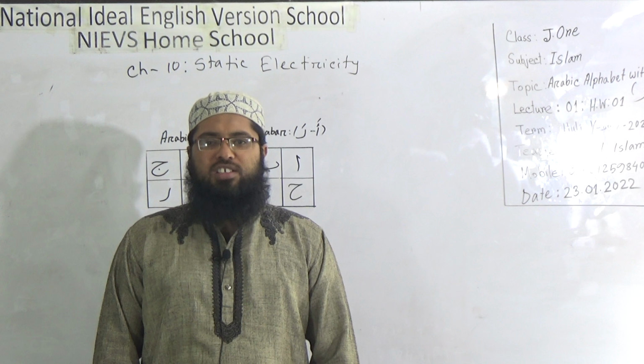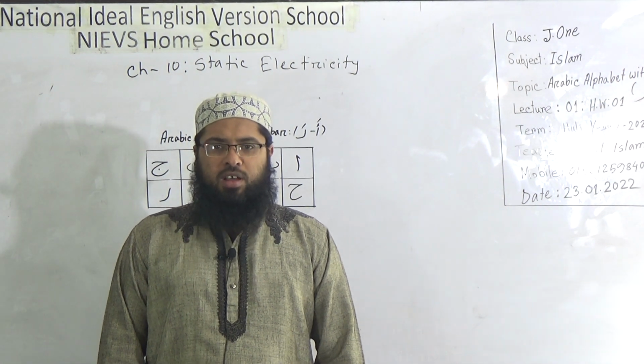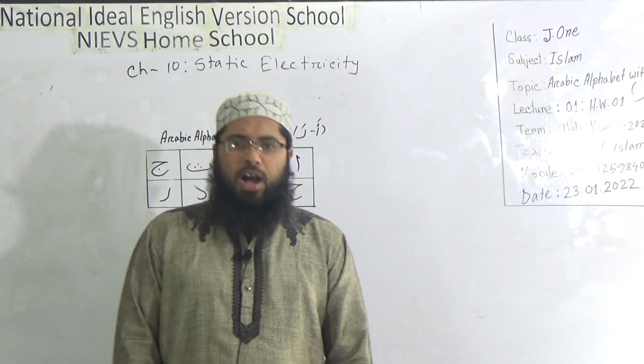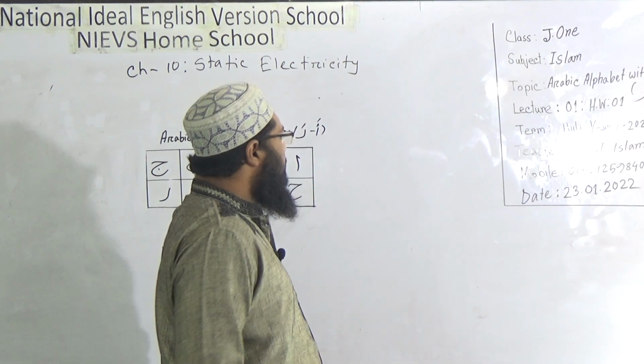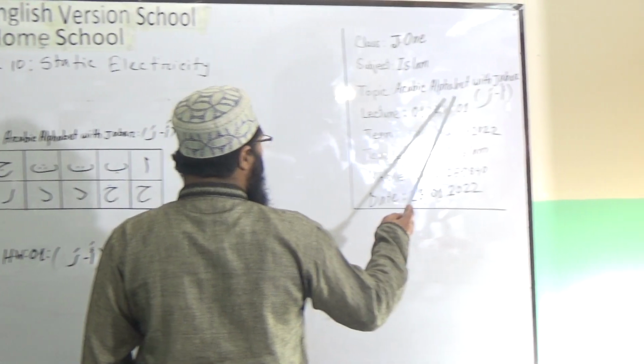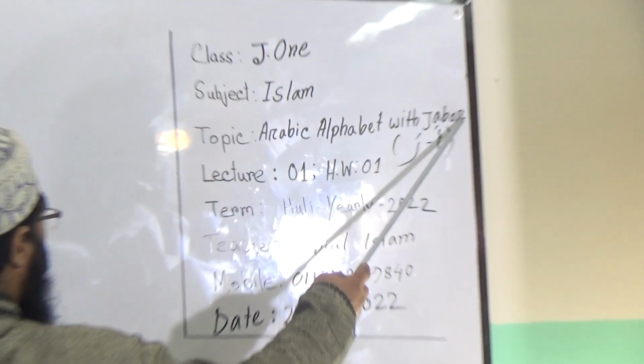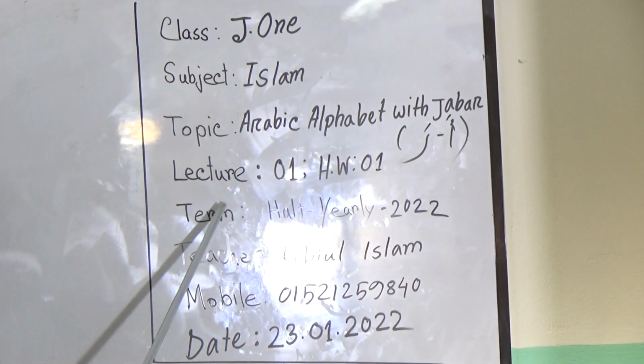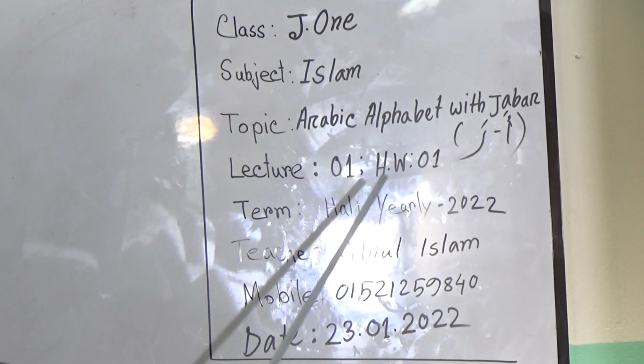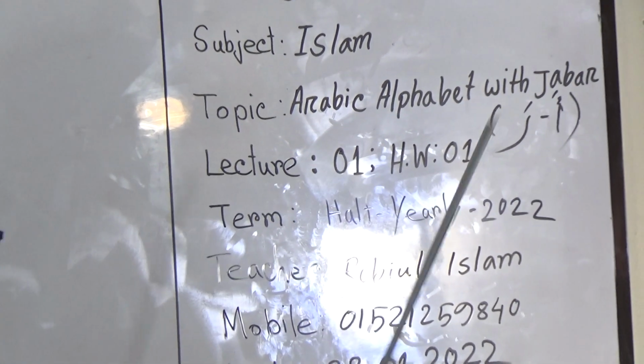Today I am going to take an Islamic studies class for class junior 1, and our today's topic is Arabic alphabet with Jabar. My dear students, today is our lecture number 1 and SW number 1.